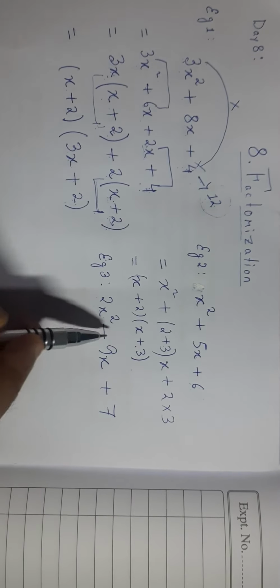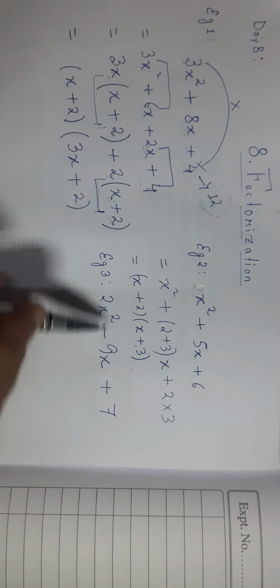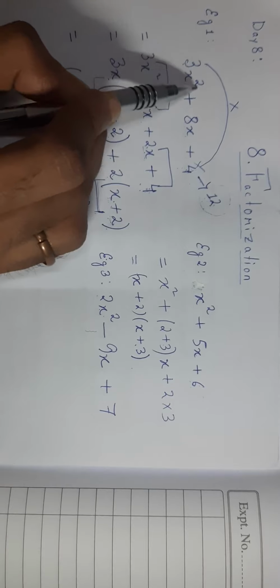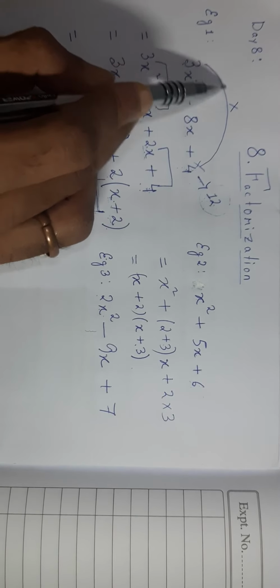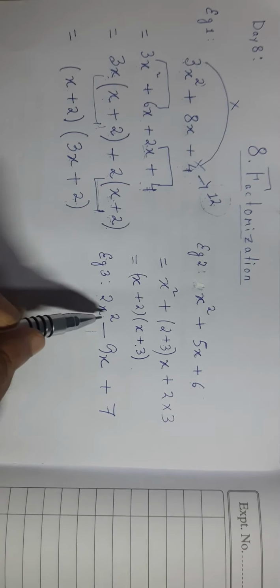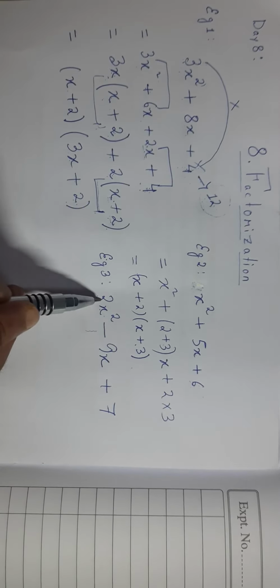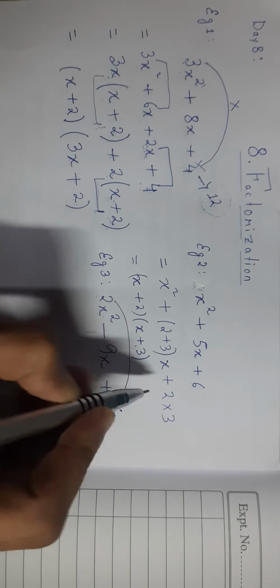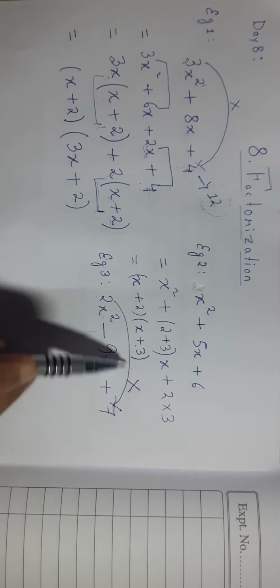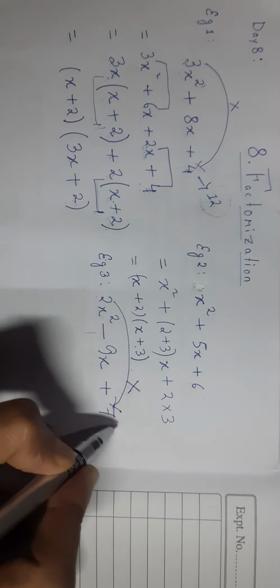So here once again we'll follow example number 1. In example number 1 we saw that if the coefficient of x square is other than 1, then we multiply that coefficient with the last term. Similarly, since here the coefficient of x square is other than 1, we'll multiply this coefficient with the last term. Multiplication symbol, we are multiplying. 2 into 7 is 14.